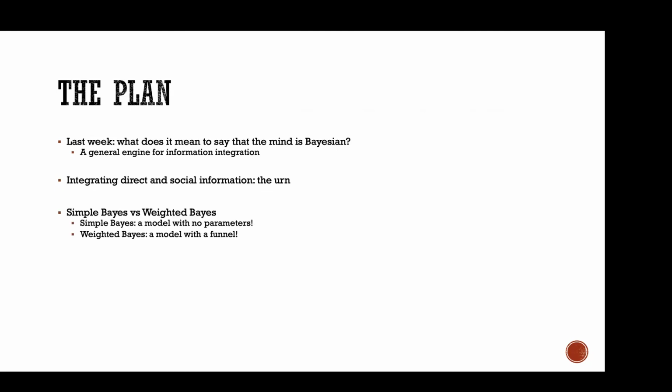And then we built two nested models. The simple Bayesian agent does what is traditionally called a rational integration of the two sources of information: it takes them at face value and combines them as they are, which is a model without parameters. And the weighted Bayes model, in which the two sources can get different weights.